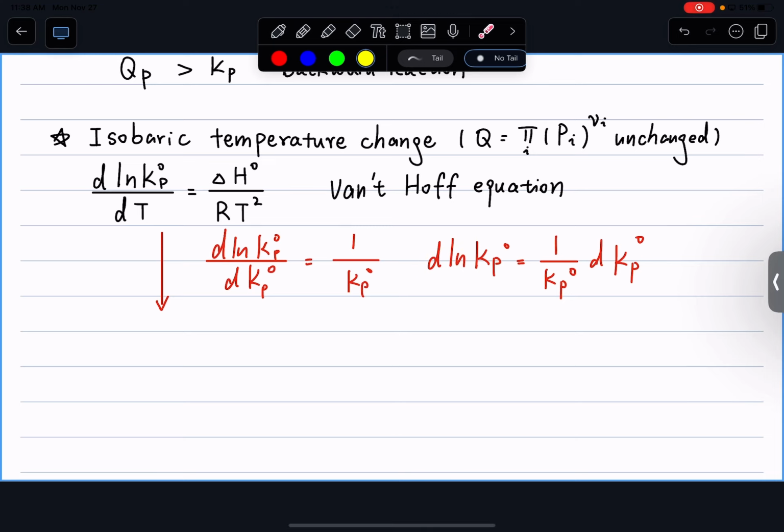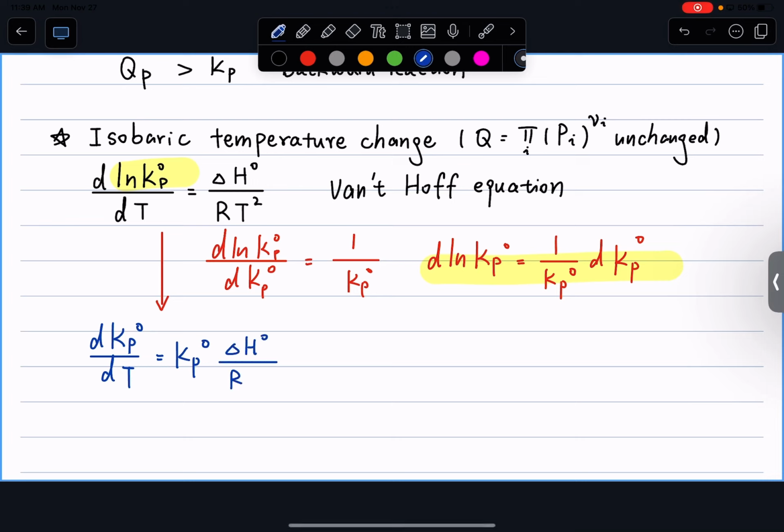Plug this back to here, and it gives us the expression of dKp naught over dT equals, on the right-hand side, Kp naught times delta H naught over RT squared.